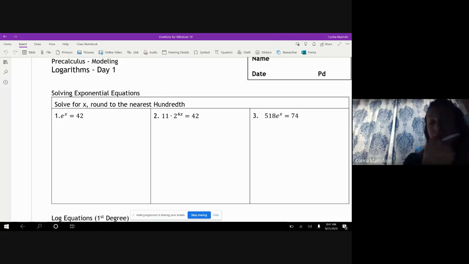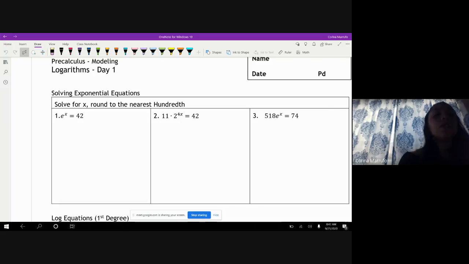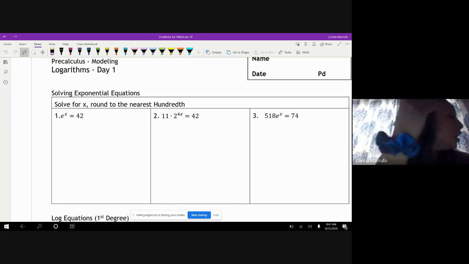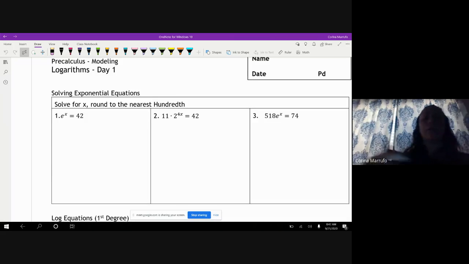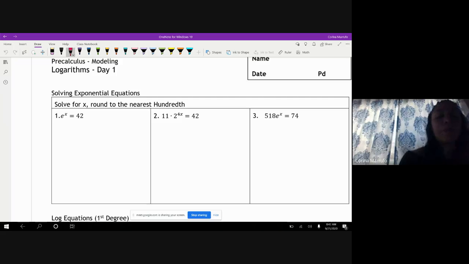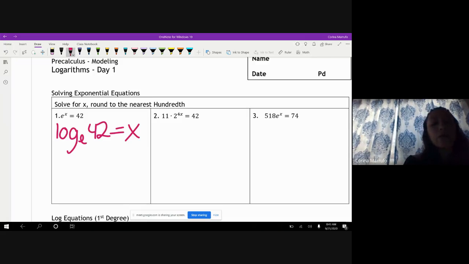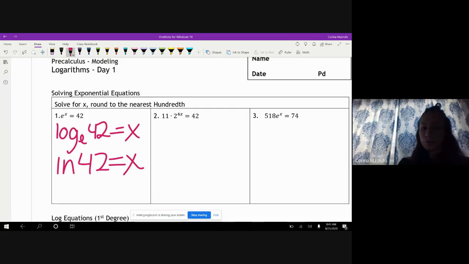In order for us to solve for x, we need to rewrite this in log form. But if you notice, the base is e, which is the opposite of your natural log. So instead of writing it as log base e of 42 equals x, whenever the base is e, you just use ln of 42 equals x.